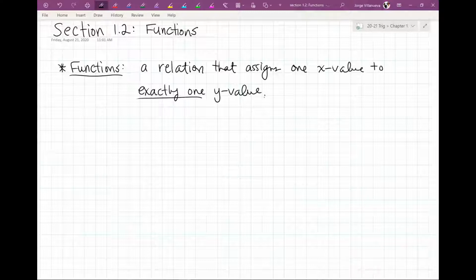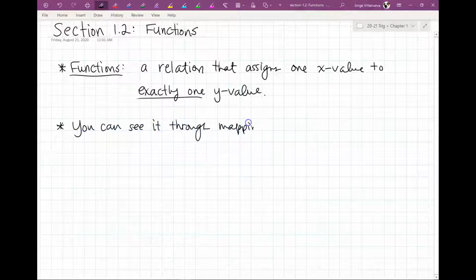Okay, now one way that you can see this happening is through mapping. Now I'm not sure if you guys remember doing mapping, or if you've ever done a mapping. Does that sound familiar to anybody, those words, mappings?